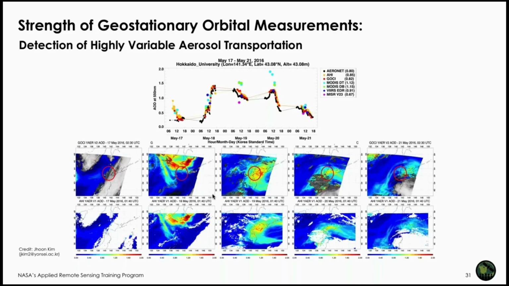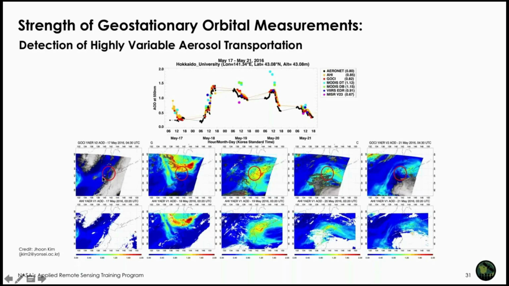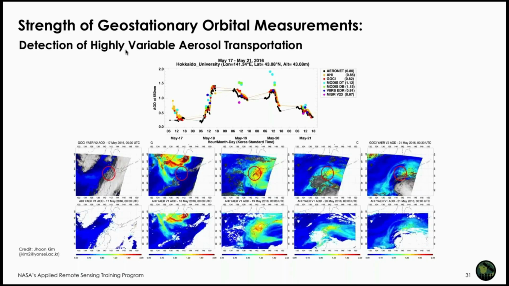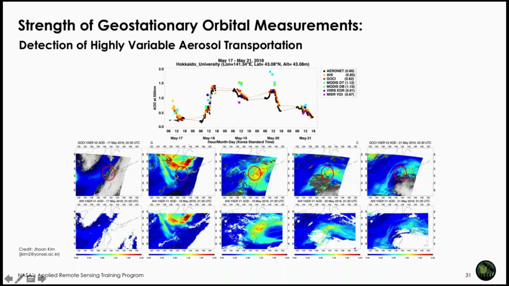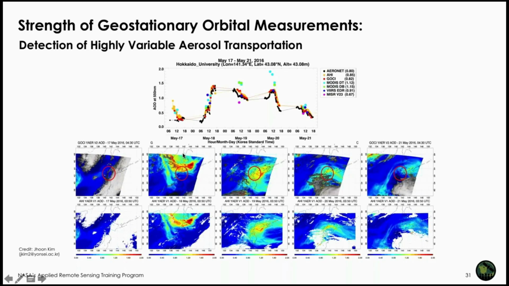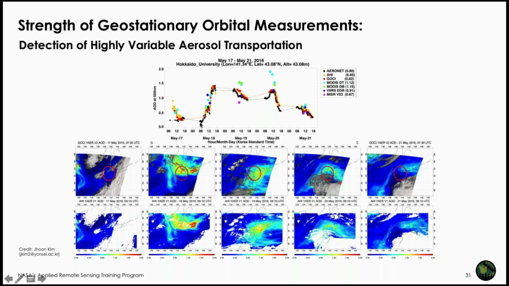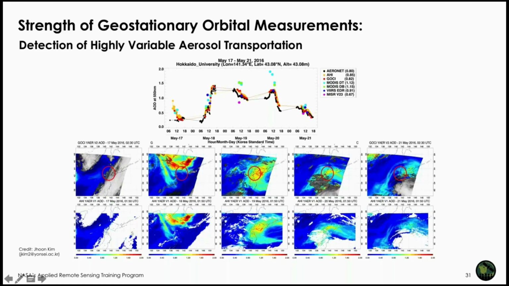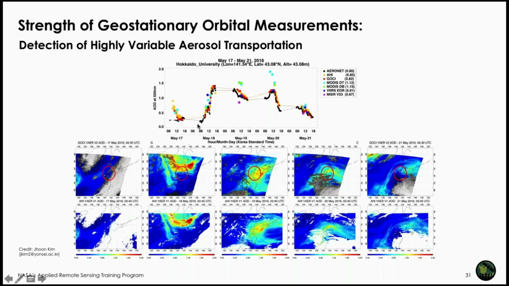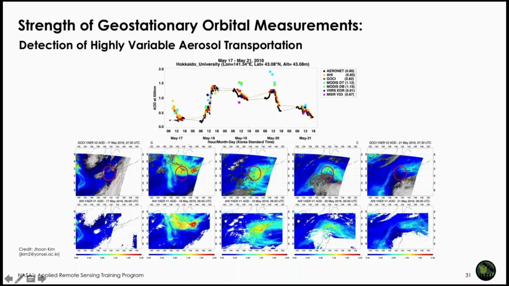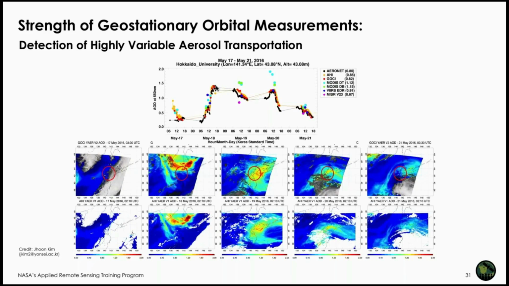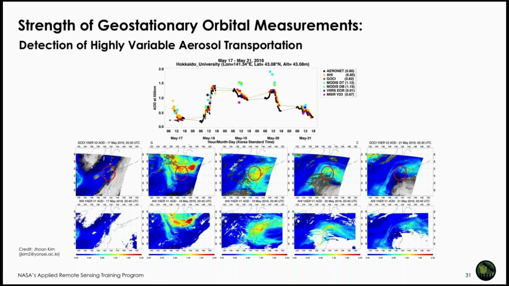On the first day, the left figure, the AOD was about 0.2. On the second day, the AOD changed rapidly from 0.2 to 1.5. Rapid change during a day. The black dotted line is the ground-based measurement of AERONET, and we can think of this AERONET as the reference data.